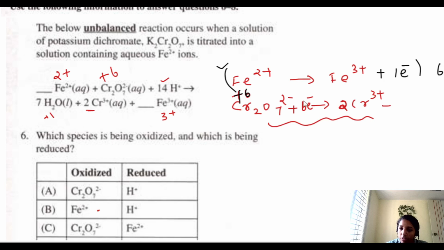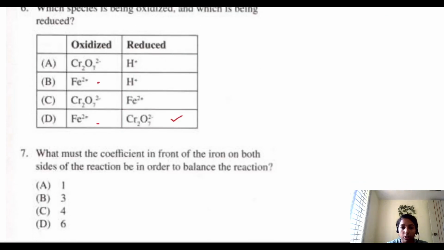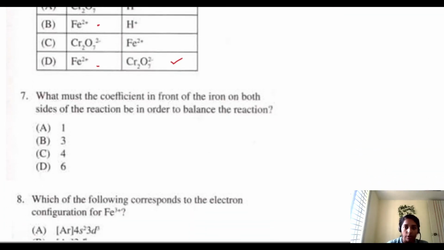So for 2 chromiums, 6 electrons are involved, and we need to make the electrons the same. That's why you multiply by 6. So 6 should be the coefficient. The option is D.